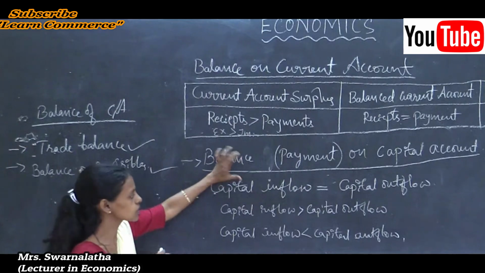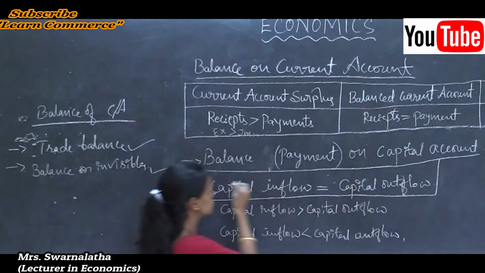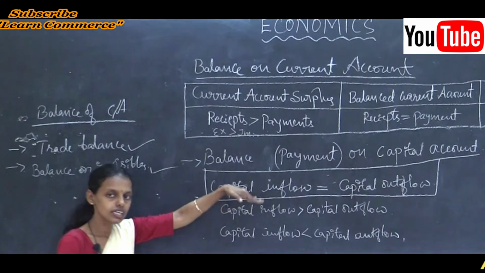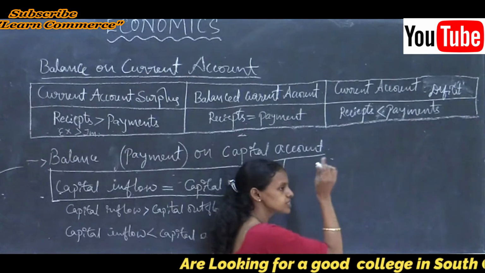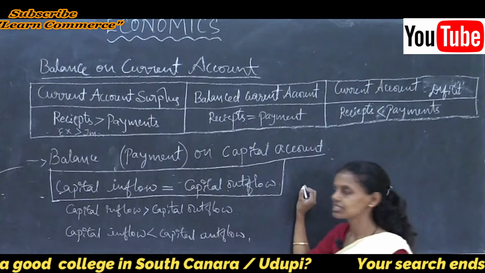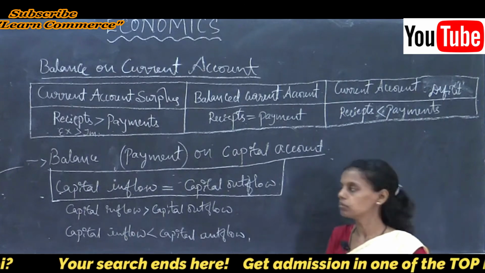Balance on capital account includes capital inflow and capital outflow. What are this inflow and outflow? As we discussed the circular flow of income in a simple economy, we discussed real flow and money flow.